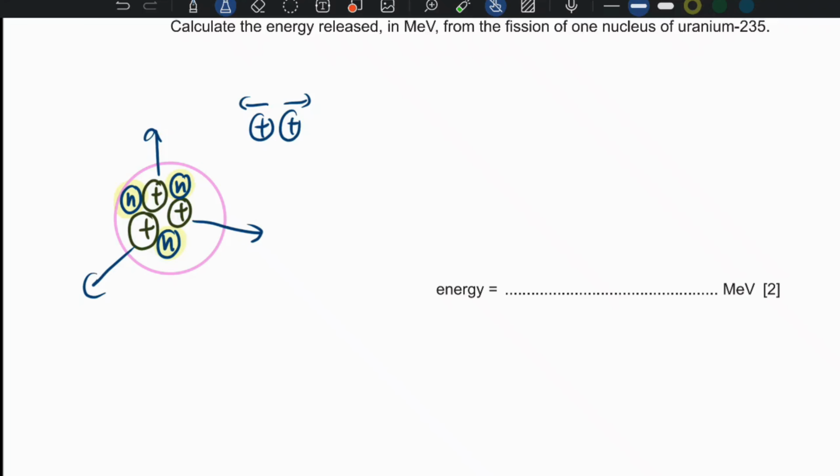These neutrons are neutral, so they are not going to add to the electrostatic repulsion. They're actually going to help ensure the proton repulsion is controlled, or in other words, to counteract the proton repulsion.